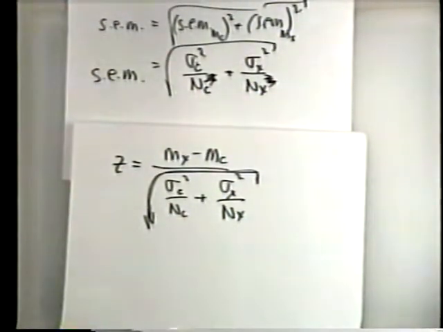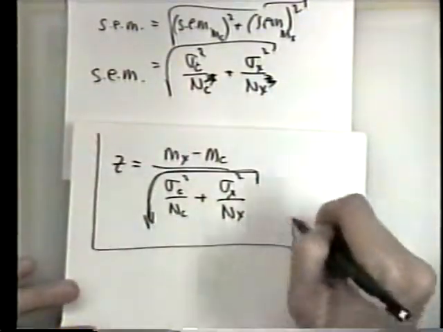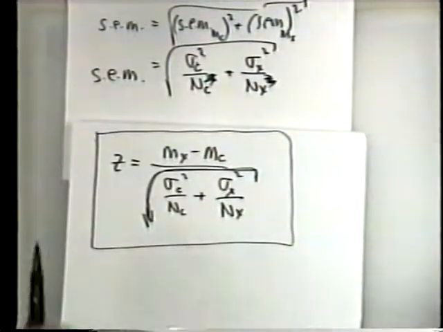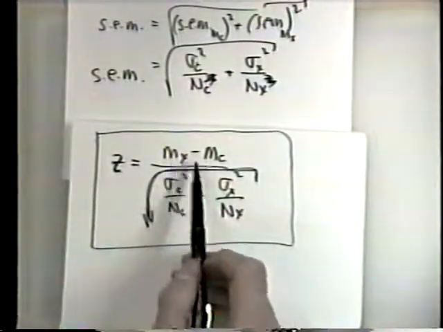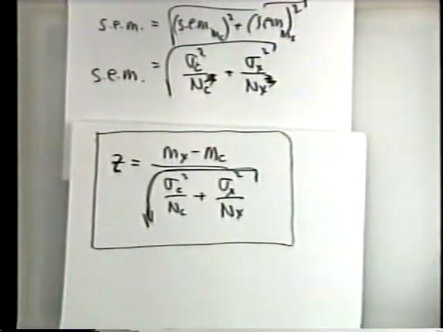Okay, so this is now the procedure. If we have an experimental and control group, we can now determine the value of z and see if the difference between the experimental and control values are statistically significant or not.